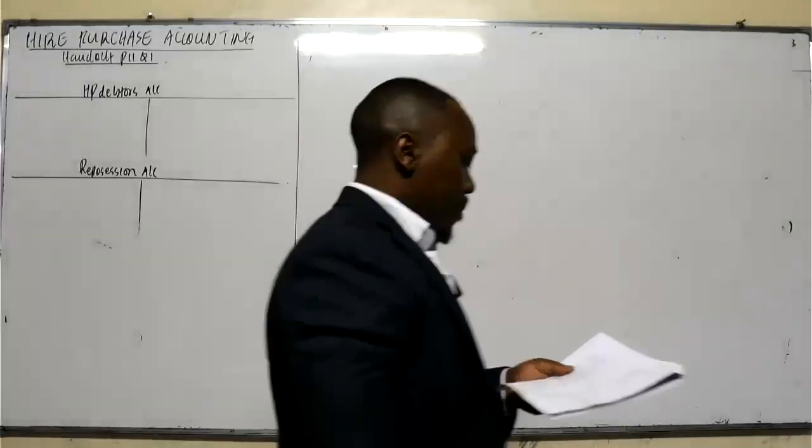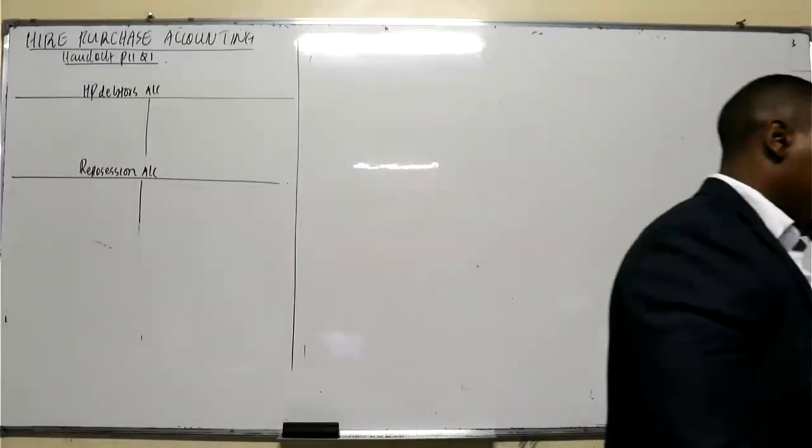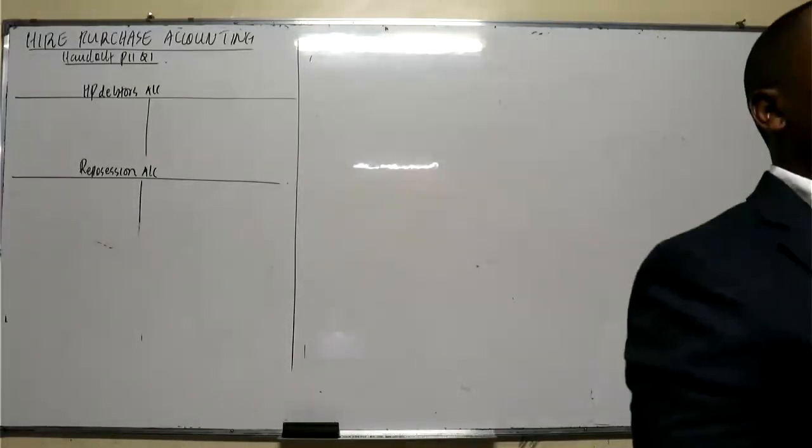Power Limited commenced business on 1st of January 2016, supplying refrigerators. All sales are made on hire purchase terms, with the company taking credit for the gross profit, including interest, in proportion to the installments collected.